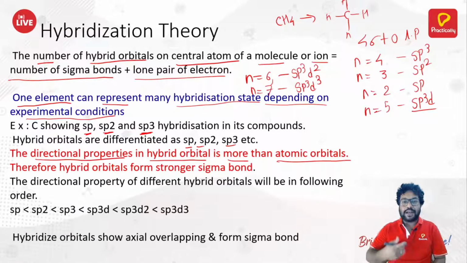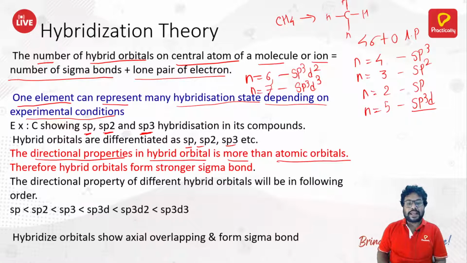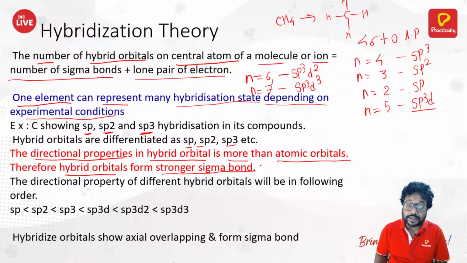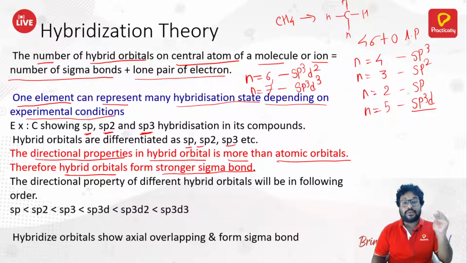And now your hybrid orbital has more directional property. So the directional property in hybrid orbitals is more than atomic orbitals, and that is why hybrid orbitals form stronger sigma bonds.